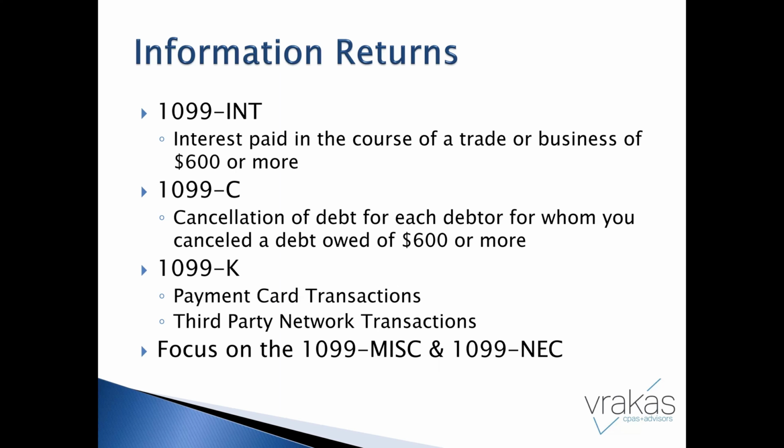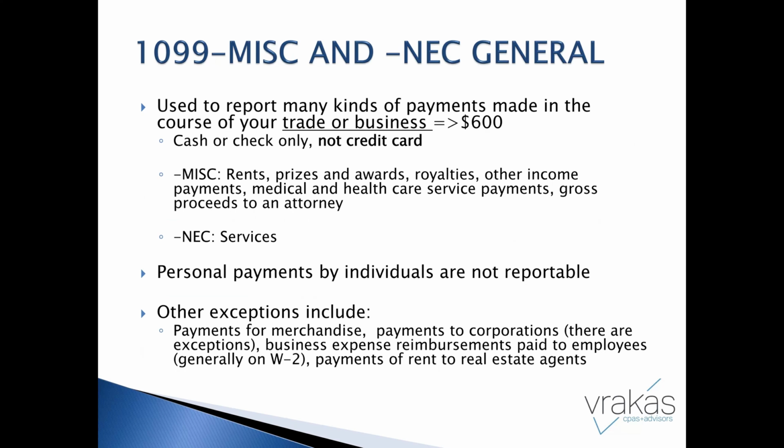But we're going to focus on the 1099 miscellaneous and the 1099 NEC. There used to only be the 1099 miscellaneous, but the IRS has separated them out and created the 1099 NEC, so that all the non-employee compensation goes on the 1099 NEC, and the other items like rent and legal proceeds, which we'll go through, are on the 1099 miscellaneous.